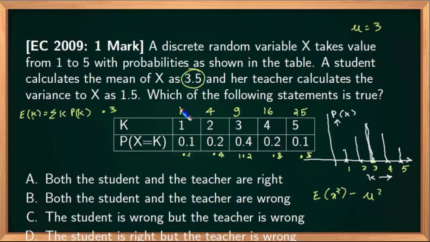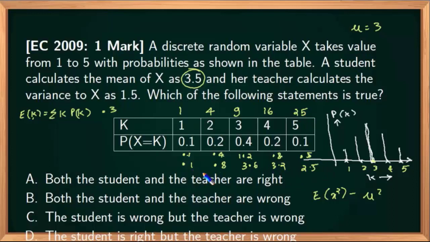So I have taken the squares here, 1, 4, 9, 16 and 25. Now again I have to multiply it with this. So I'll be getting 1 into 0.1 is 0.1, 4 into 0.2 is 0.8, 9 into 0.4 is 3.6, 16 into this is 3.2, and 25 into this is 2.5.